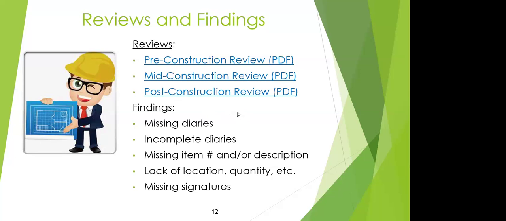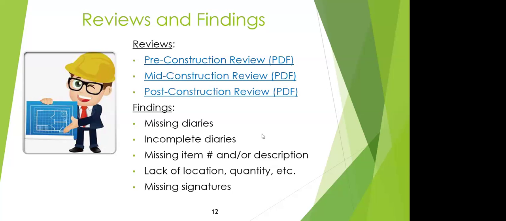Some of the findings we encounter are missing diaries. Some projects don't have diaries for some days, and some have incomplete diaries, missing item numbers, missing descriptions, lack of location information, lack of quantity information, and missing signatures.